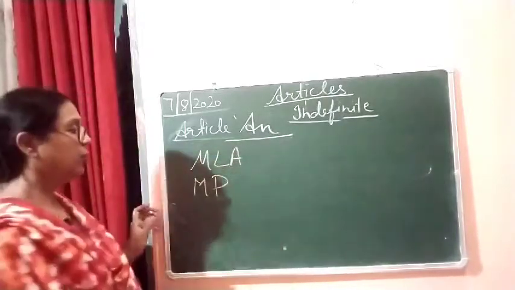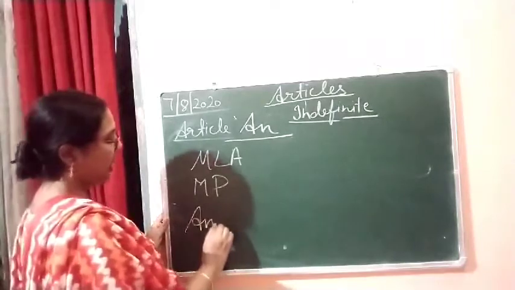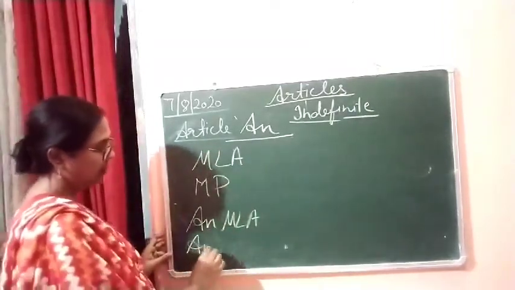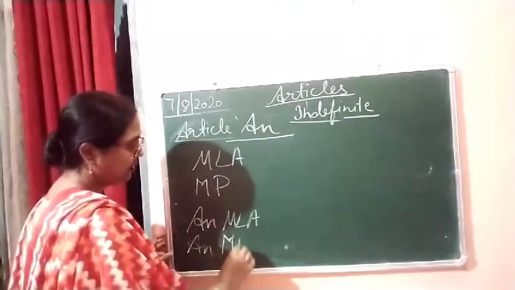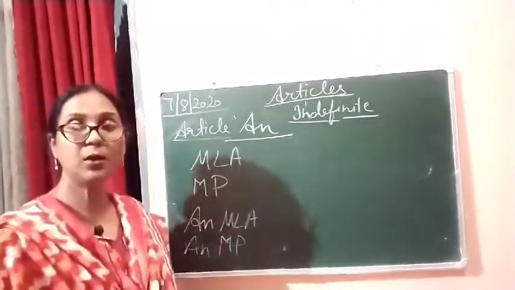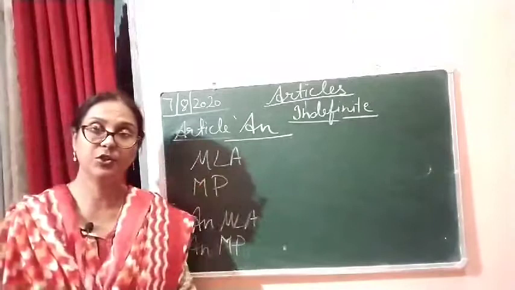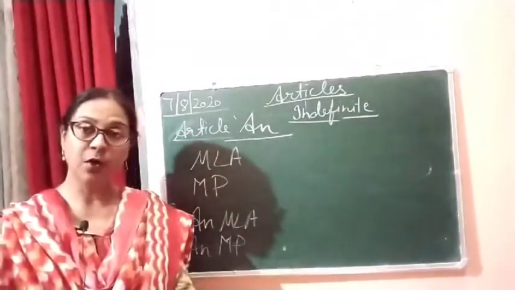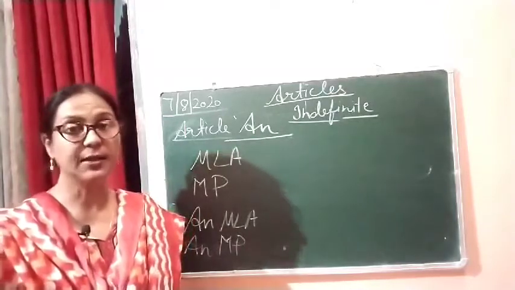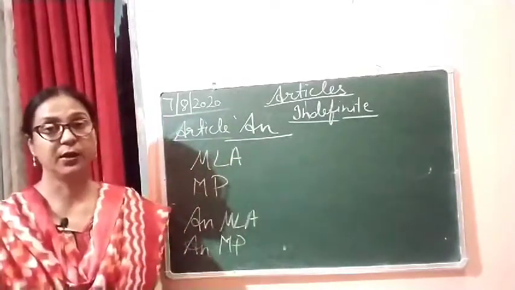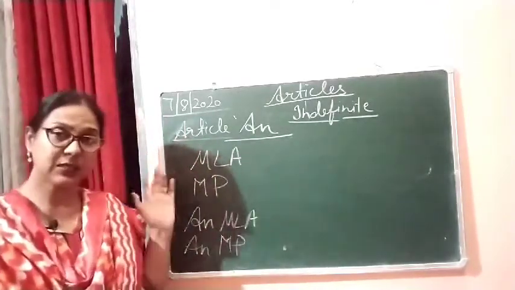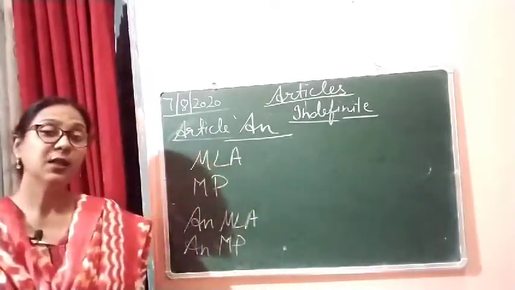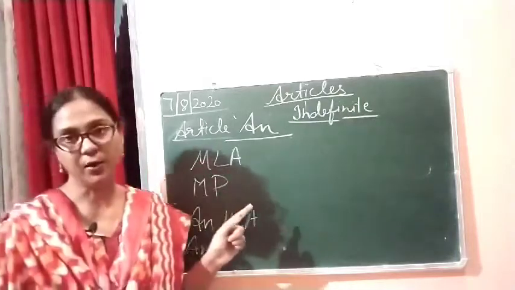That is why we say "an MLA", "an MP", because the sound coming from the abbreviation is the vowel sound of "e". So for these types of abbreviations we have to put "an" because the sound is a vowel sound.